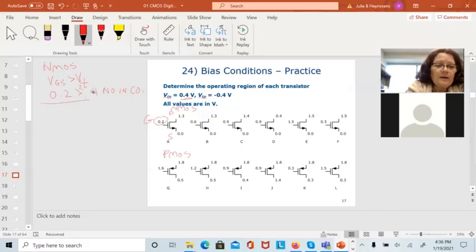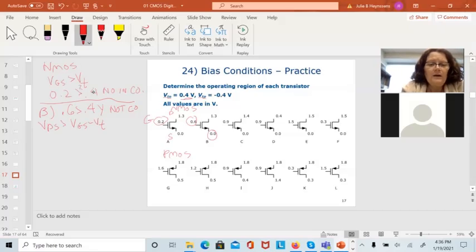If we look at B, is VGS greater than VT? So is 0.6 greater than 0.4? The answer is yes, so it's not cut off. I need to go on. The next question is, is VDS greater than VGS minus VT?